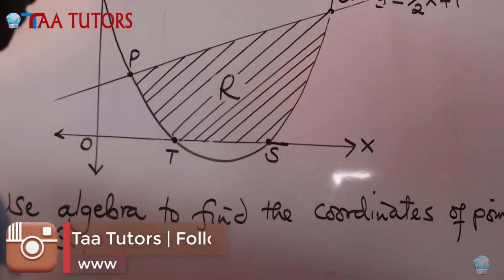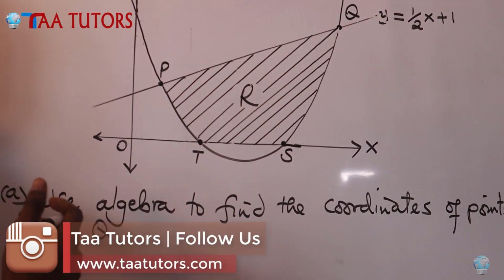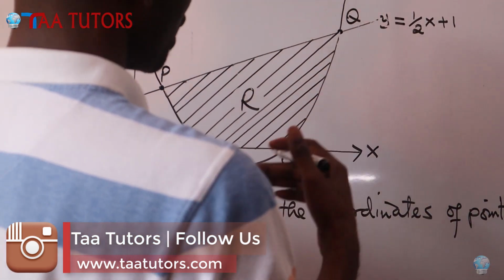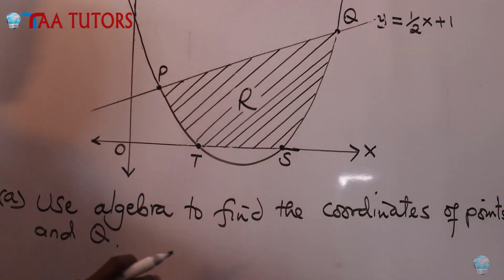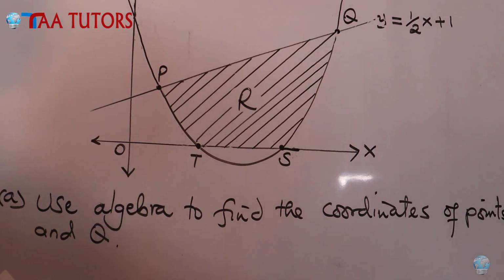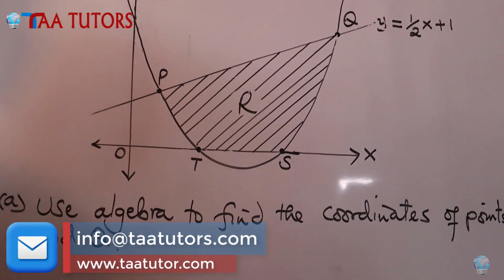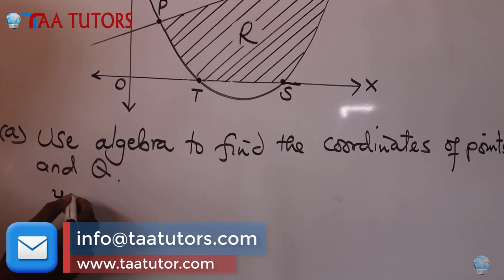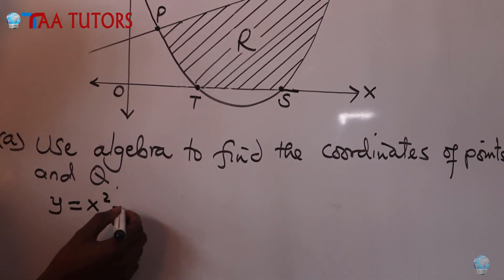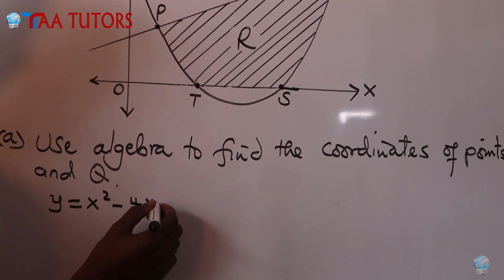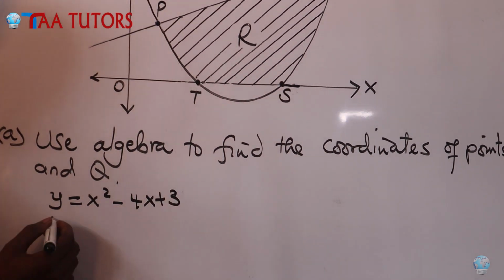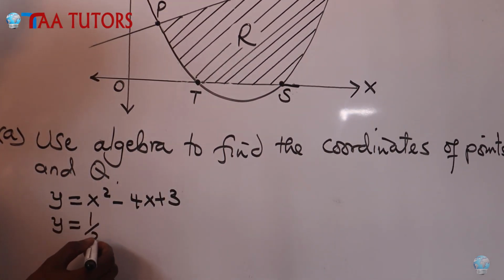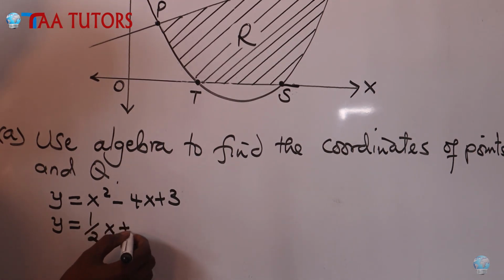Now we have said that the point of intersection of the curve and the line, the two functions, form simultaneous equations. So we're going to say y equals x squared minus 4x plus 3, and y equals a half x plus 1.